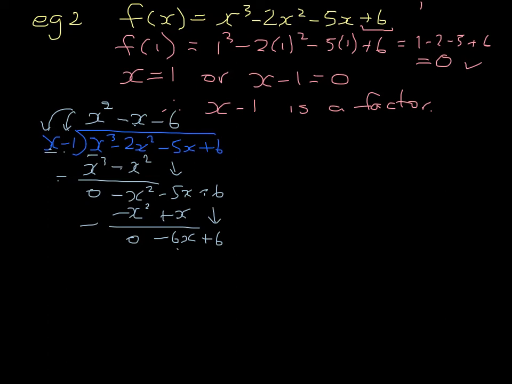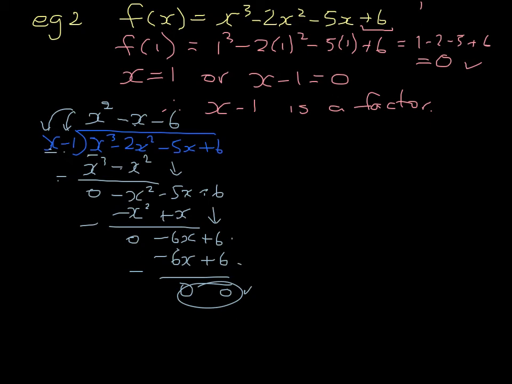And then we multiply that negative 6 by what's out the front, so negative 6 times x is negative 6x. Negative 6 at the top multiplied by -1 out the front gives us plus 6. Then we take away, negative 6x take 6x is 0, and the 6 take away the 6 is also 0. So we have our 0 remainder, which is a good thing to see.